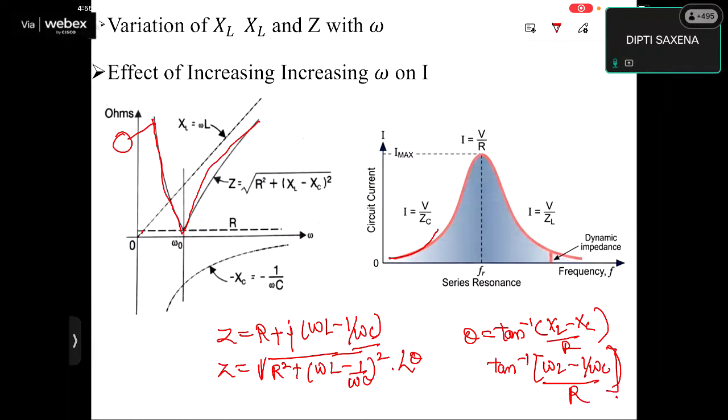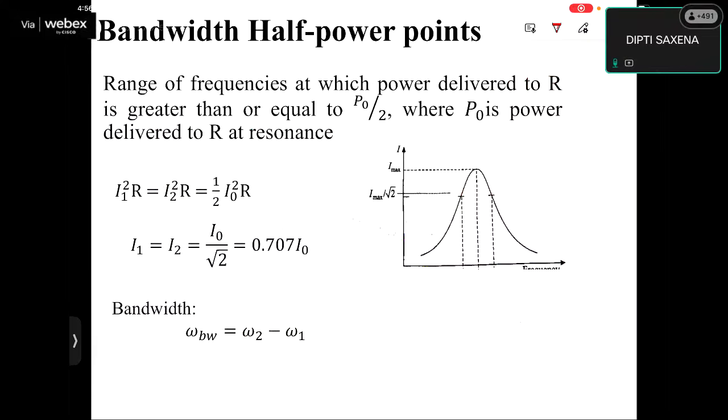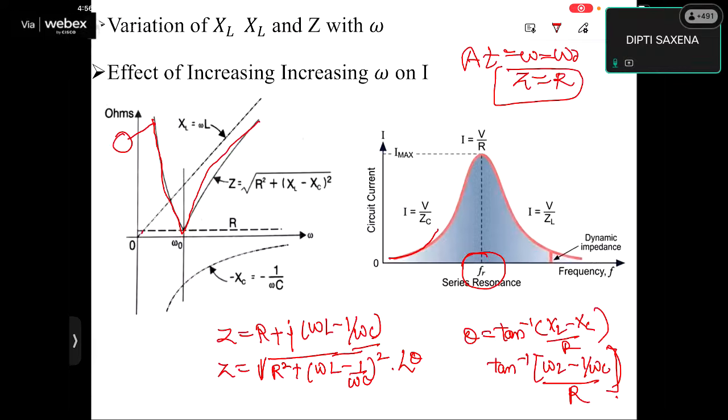Now, as you go on increasing the frequency, the reactance part of Z decreases, thereby causing an increase in the current. And do you remember, at resonance, that is at omega equal to omega 0, the impedance Z was equal to R. Why? Because the reactive part was equal to 0. It means the impedance was minimum at the resonant frequency omega 0.